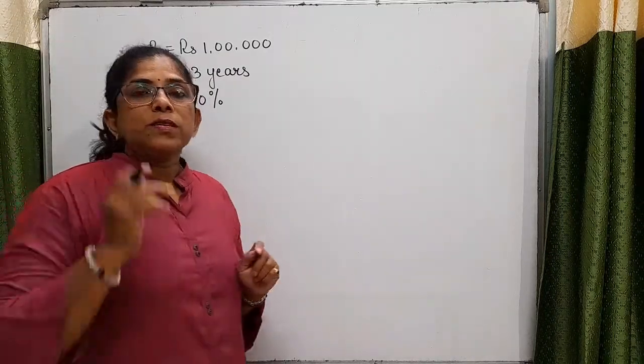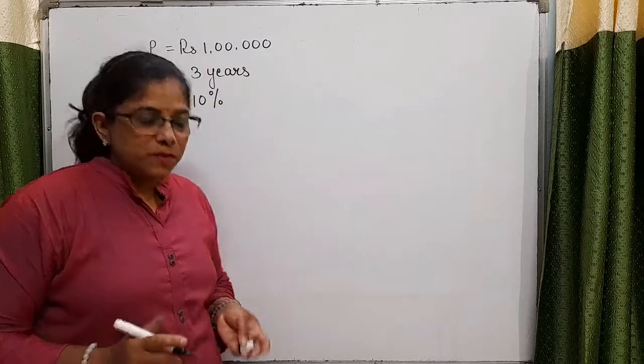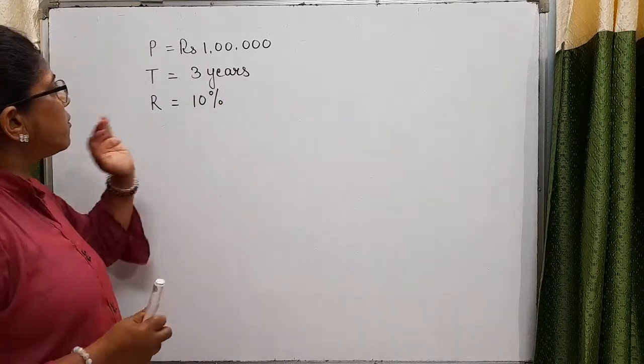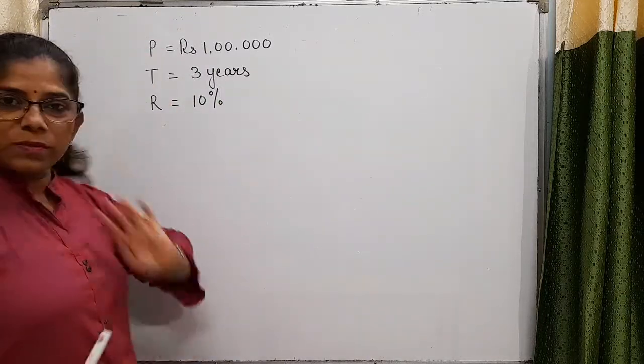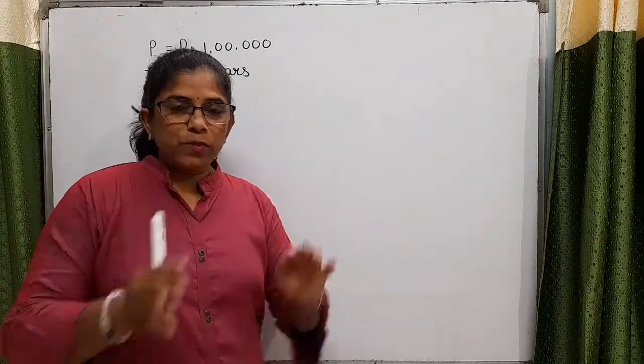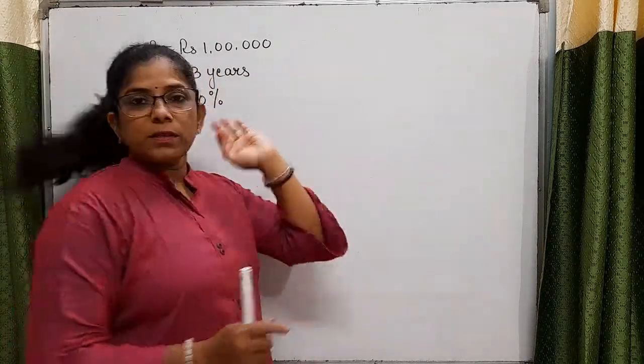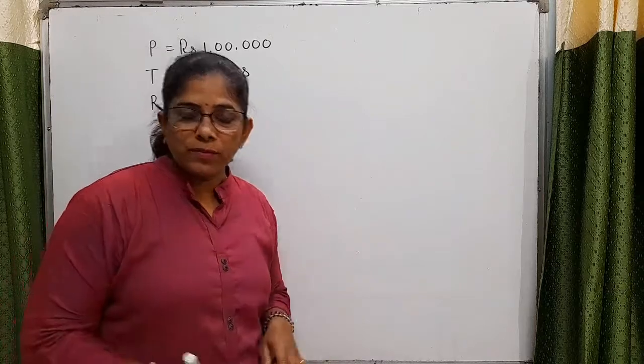Now the meaning of this rate 10% is that for every 100 rupees, 10 rupees is charged. In that 1 lakh rupees, for every 100 rupees, 10 rupees is charged. This is the meaning of rate of interest.